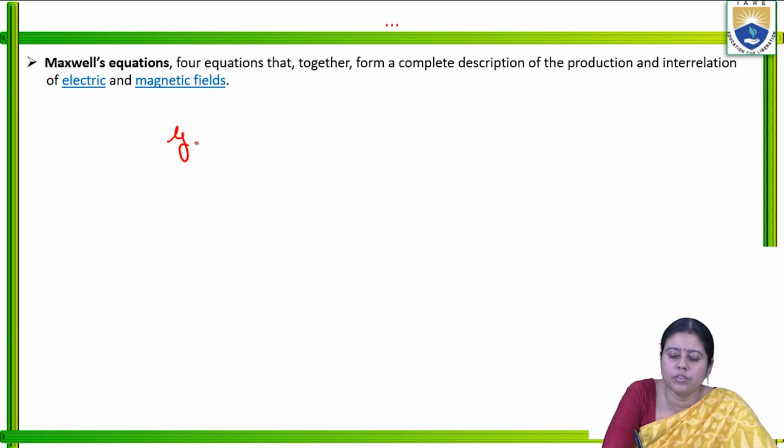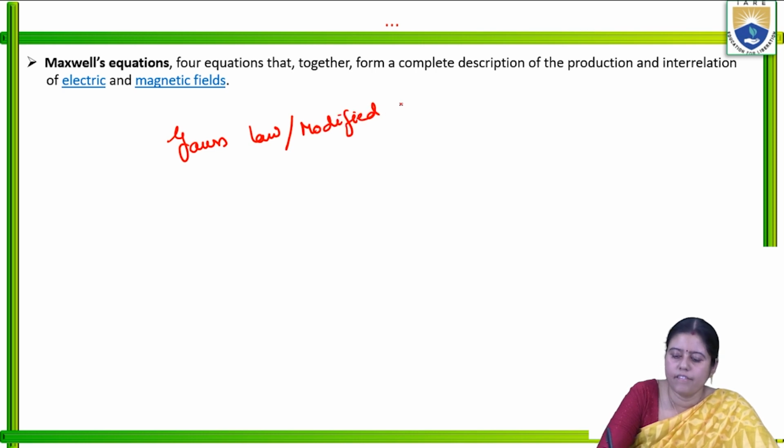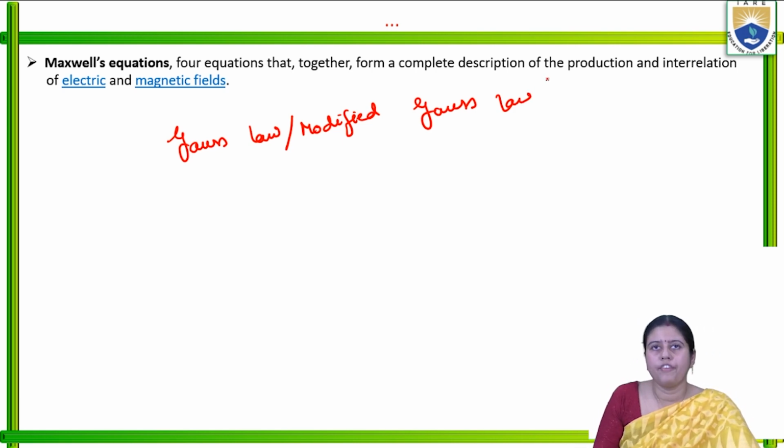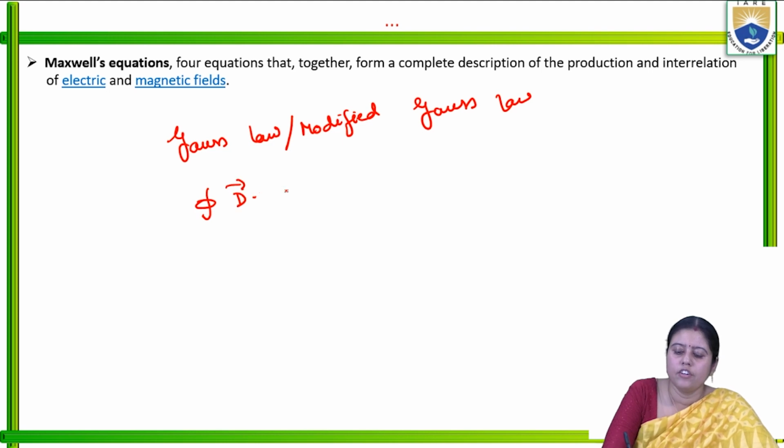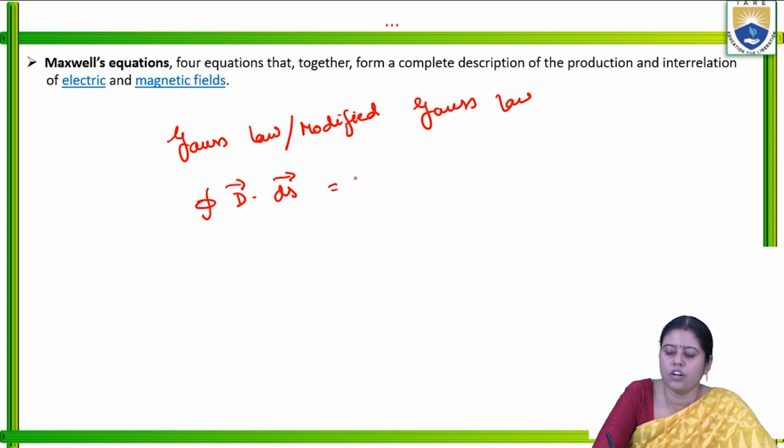Maxwell's first equation is known as the Gauss law or modified Gauss law. What does Maxwell's first equation tell? We know from the Gauss law that the integration of D dot dS, which is the electric flux psi, is equal to Q. What is Q?